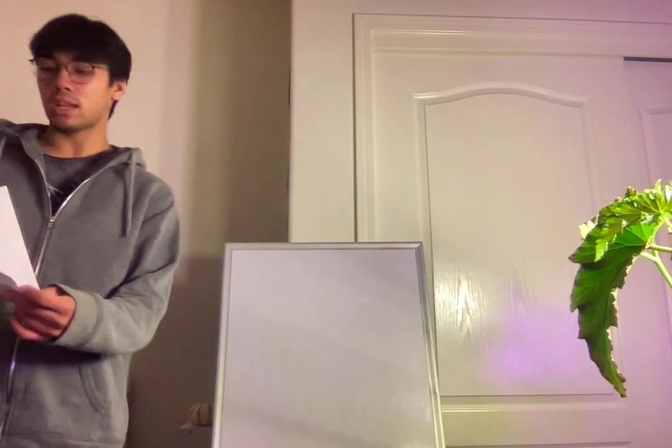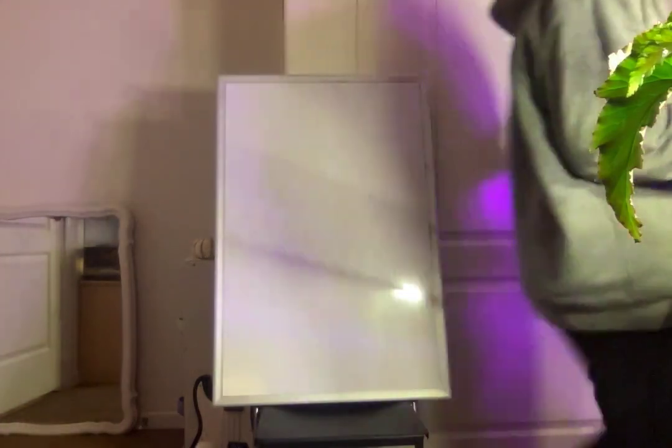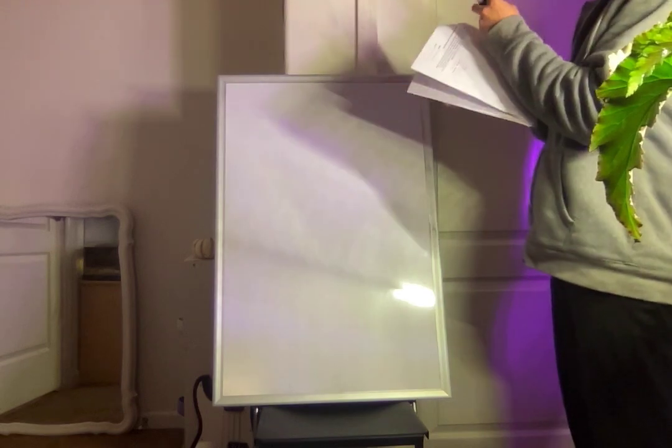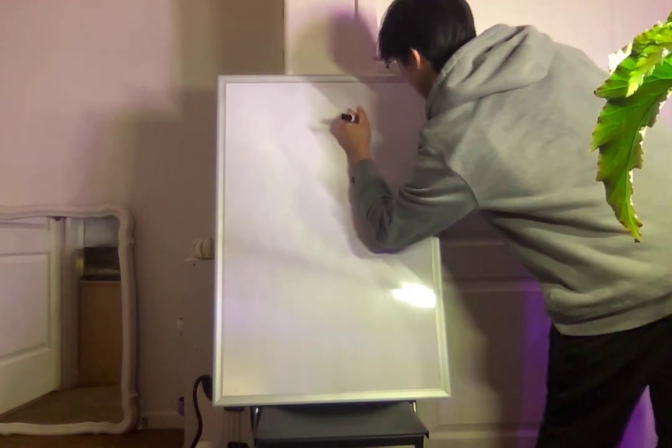All right, so for the next part of this video, I'm going to draw the VSEPR structure of a citalopram molecule. I'll start by drawing the carbons and any of the bonds.